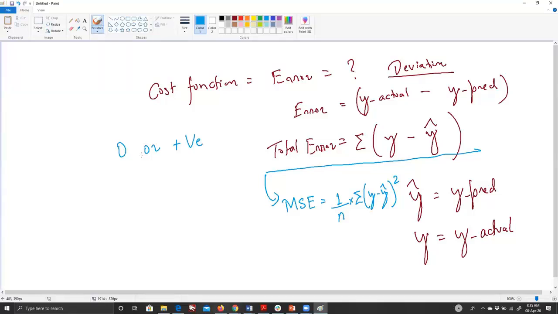So the task of any kind of machine learning algorithm, if you remember, is to better the performance measure. So if you want to better the performance measure, then MSE should tend to 0. Mean squared error should tend to 0.